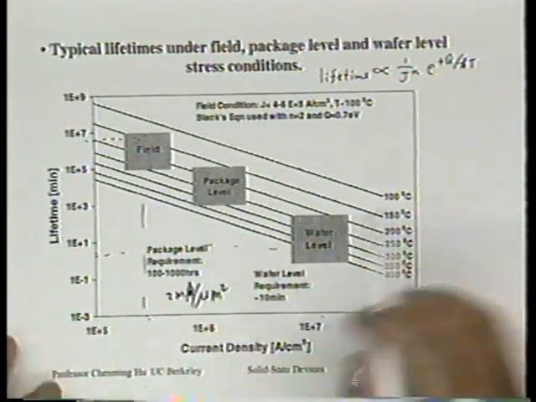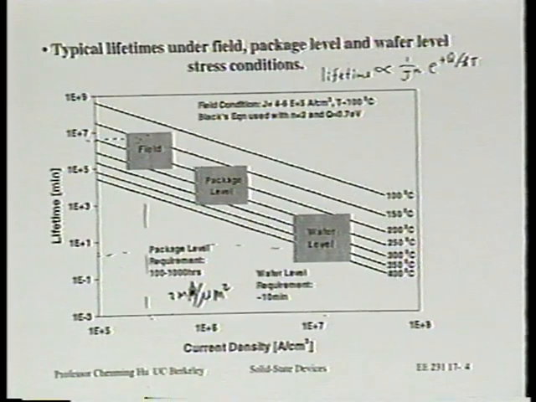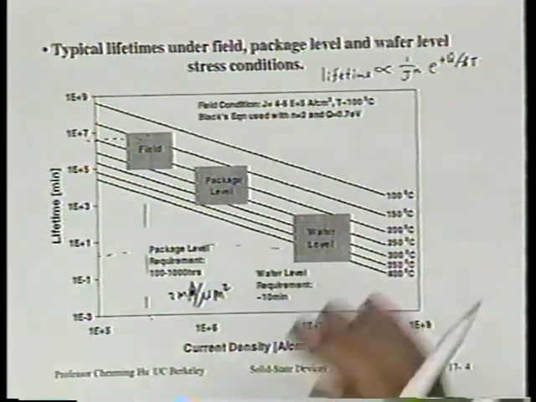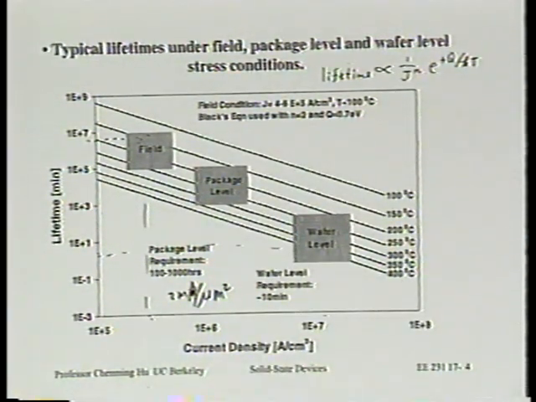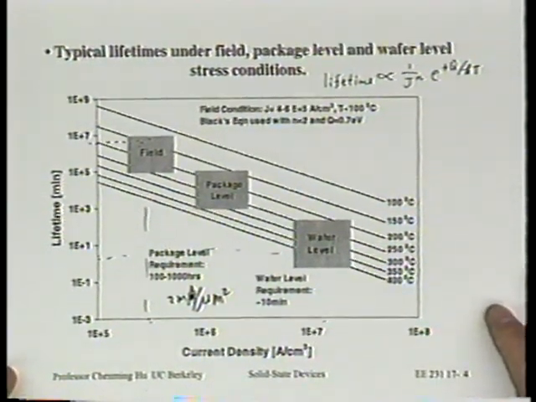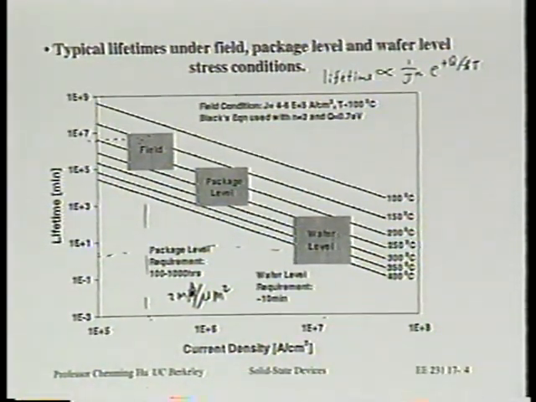This is known as the design rule. And the designer will have to make sure that the metal width is large enough so that the current does not exceed 2 milliamps per micron squared, for example. All right? So this is how the metal reliability is determined. All right? So when the engineer chooses the testing condition, he has several choices.